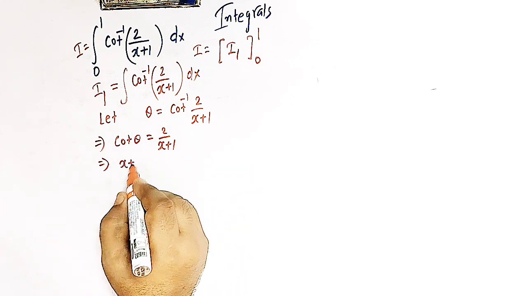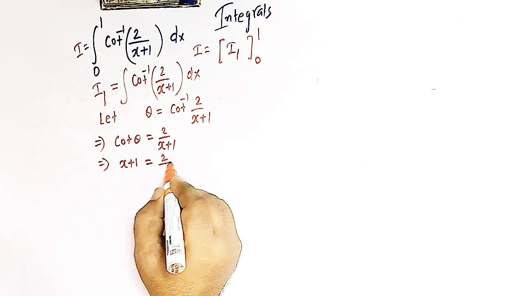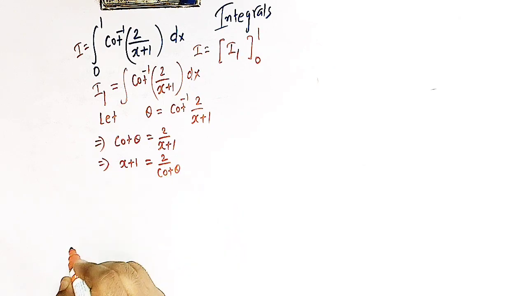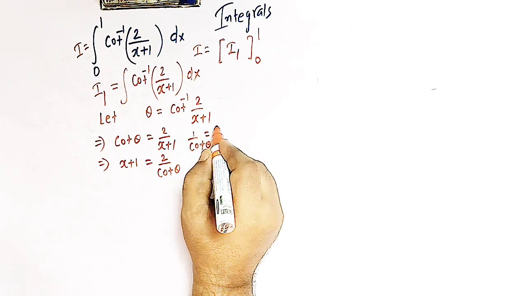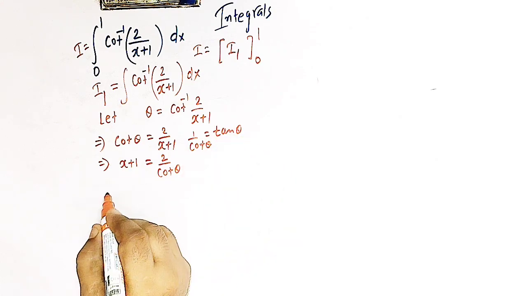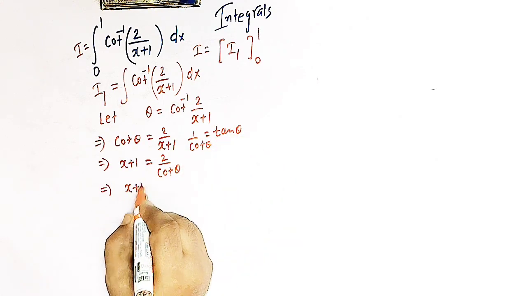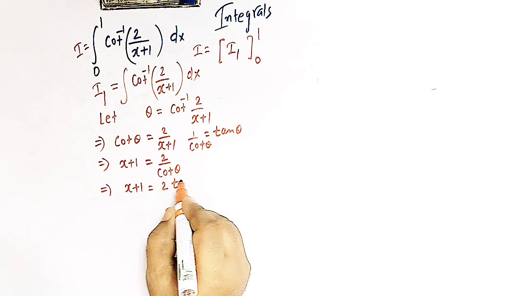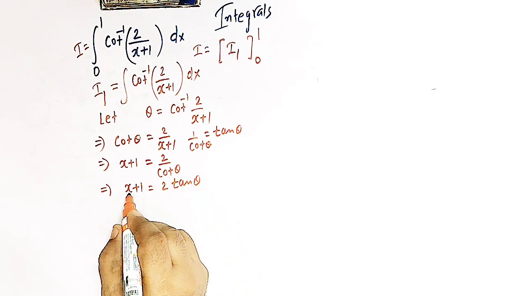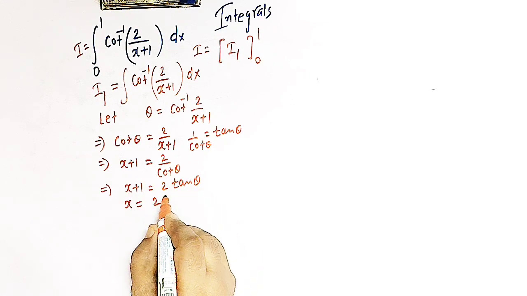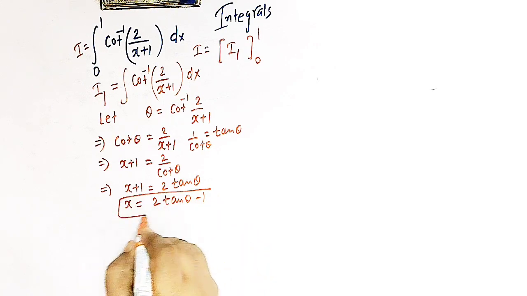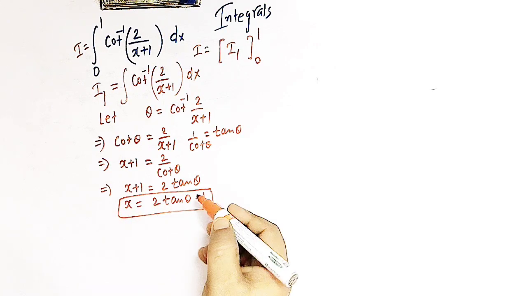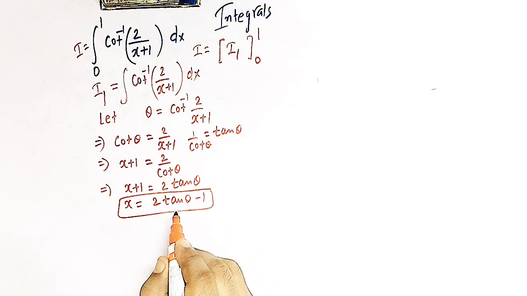So we can now write x plus 1 is equal to 2 over cot theta, right? And we know that 1 over cot theta is tan theta. So we can write x plus 1 is equal to 2 tan theta. So now we have x is equal to 2 tan theta minus 1. So this is the value of x in terms of theta.